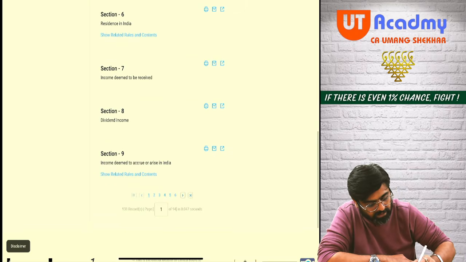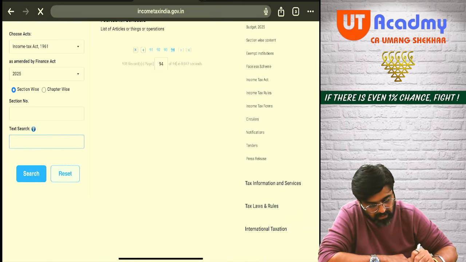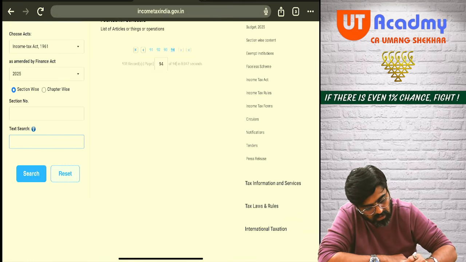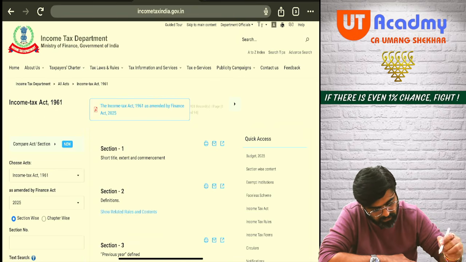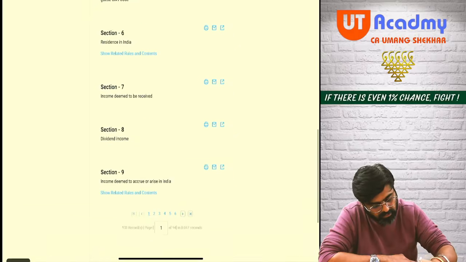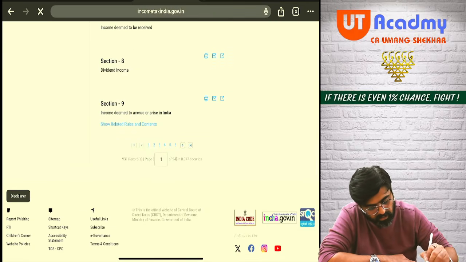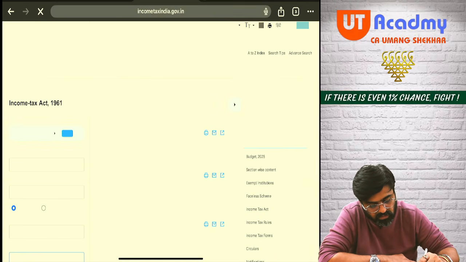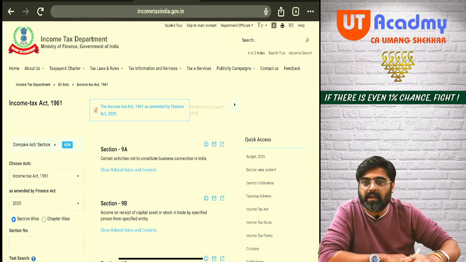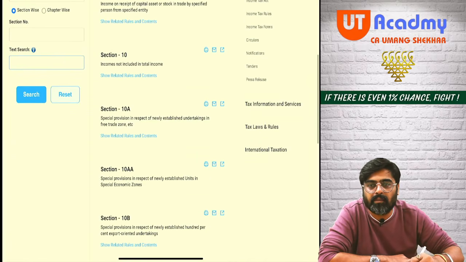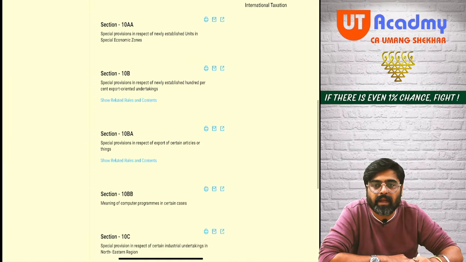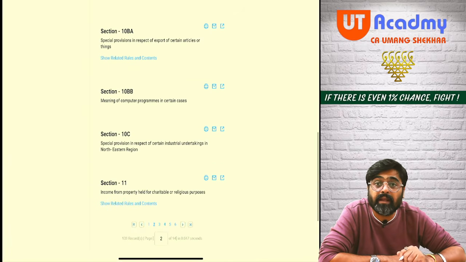Likewise, if you go to the next page, page number 2, see in this entire Income Tax Act, section number 9A, 9B, 10, 10A, 10AA, 10B, 10BA, 10BB, 10C, then 11 comes.